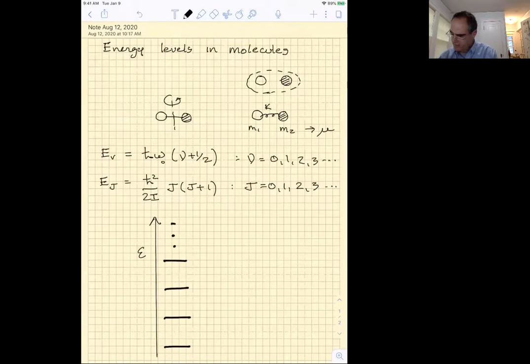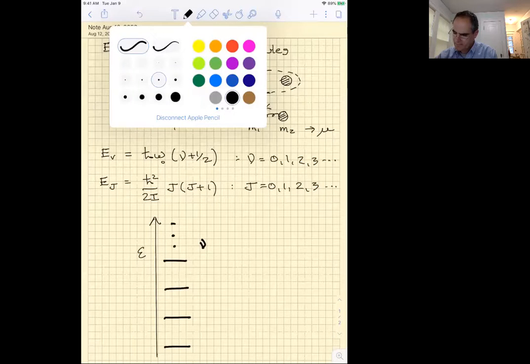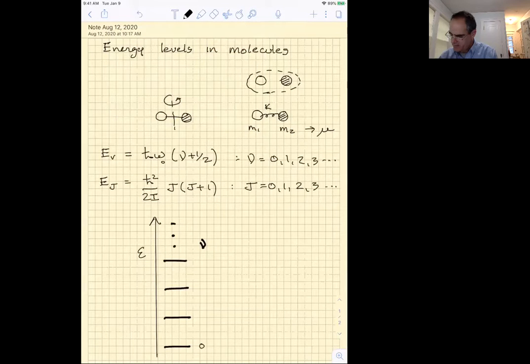Where these are states with nu equals 0, 1, 2, 3, and so on. And of course, the states are equally spaced.